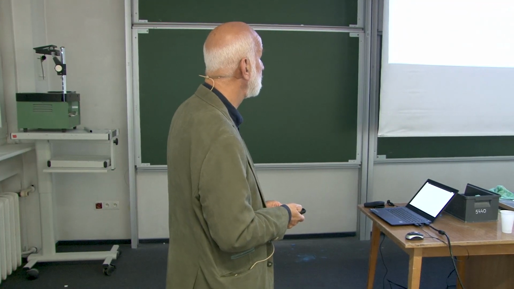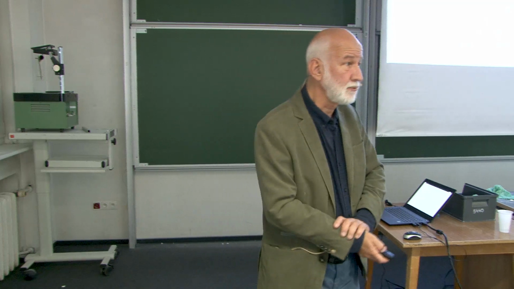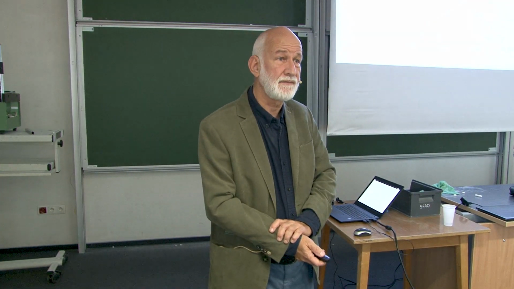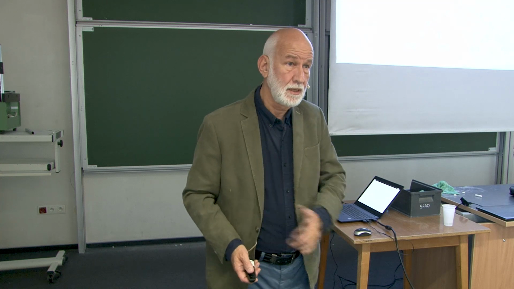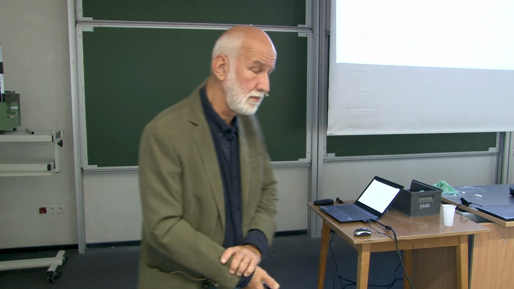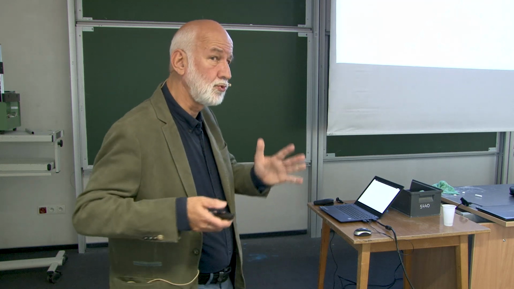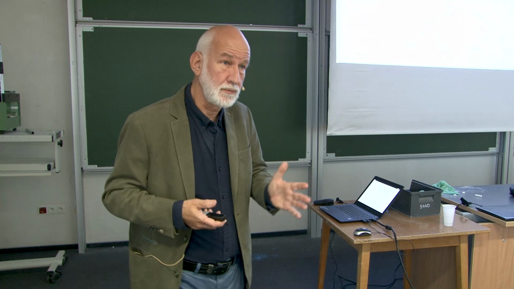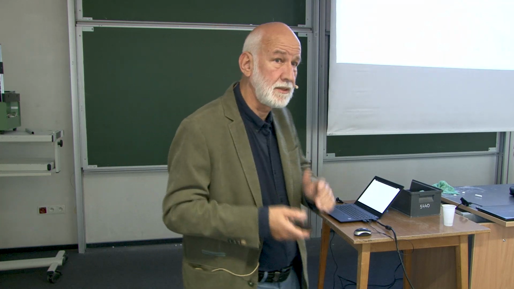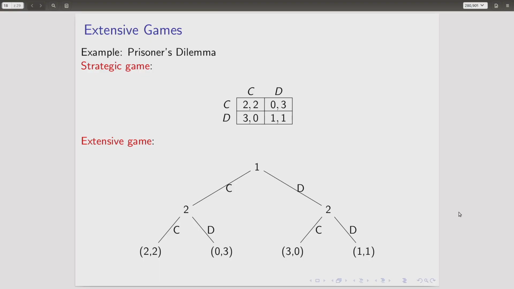So I move now to something which is called extensive games. I will not discuss this in the lectures that follow, but it's good to know because there is a direct connection with strategic games, but still it's a different topic. In Prisoner's Dilemma, the issue was that the players were taking their decisions, choosing their strategy simultaneously.